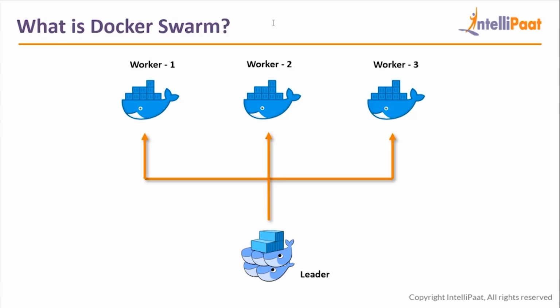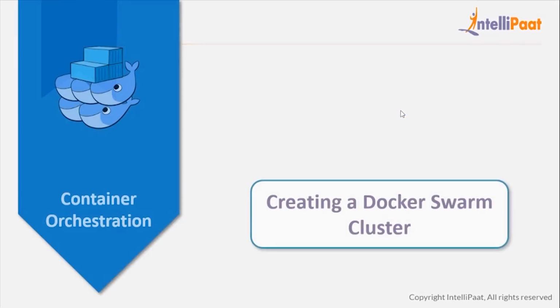To mitigate that as well, we came up with a distributed architecture wherein you have multiple machines running in the swarm. In the swarm there will be one machine called the leader, which tells the workers what to do, and the workers have the containers running on them. So you have the leader like we have over here, and then multiple workers running on the cluster, and these workers will run the containers that we want to launch.